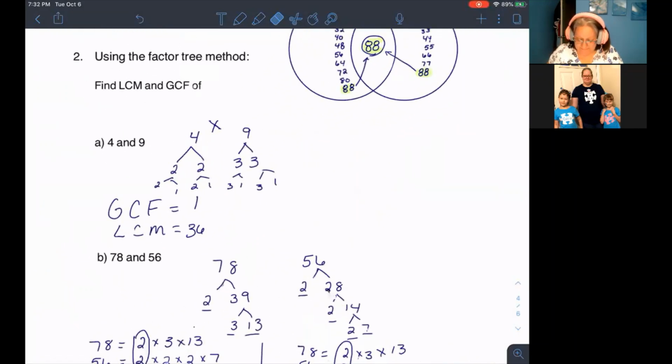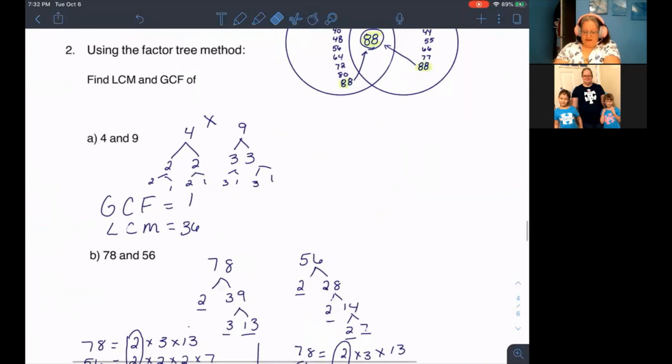Now we're going to mix the two together. We're doing the factor tree method, which gives you a visual of breaking down the different parts of a number. So we know the factors of 4 and 9. The factors of 4 are 4 and 1, and 2 and 2.